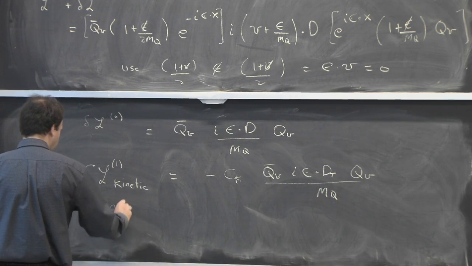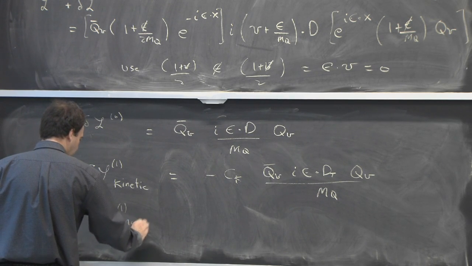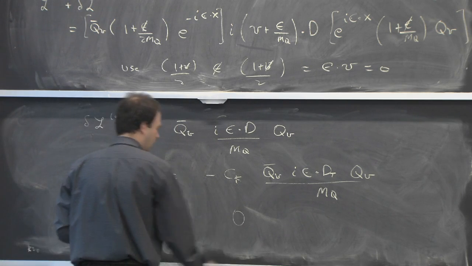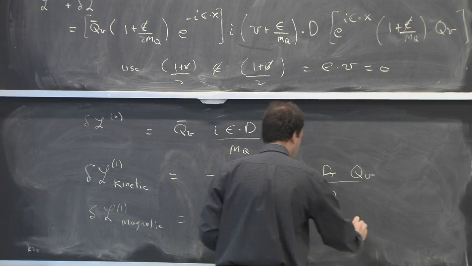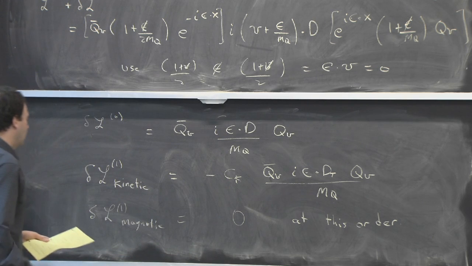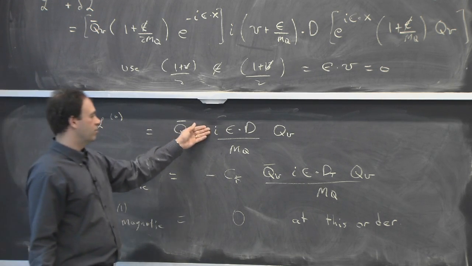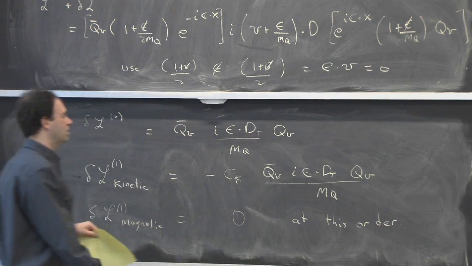And if you go through the leading order change to this guy, as well as the guy that's the magnetic guy, you find that the magnetic guy is 0 at this order. It's non-zero at higher orders, but at this order it's 0. And the kinetic guy does have a transformation. It has exactly the same form as this guy here. If epsilon's dotted into the D, then it's a D transverse.